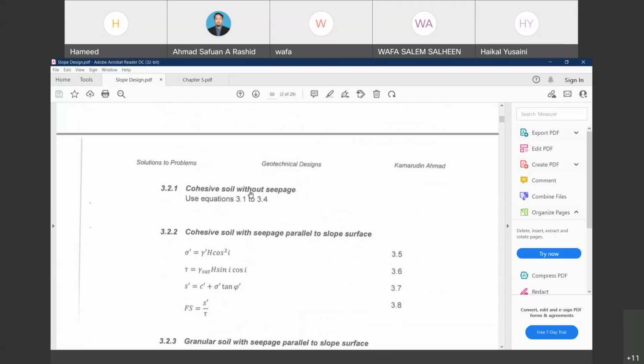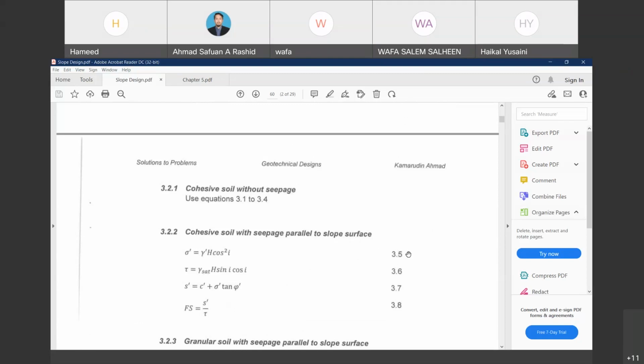So this is cohesive soil without seepage, without any groundwater level. When there is seepage parallel to the slope surface, either up to the ground level or between the ground level and the failure surface, we can use this approach.